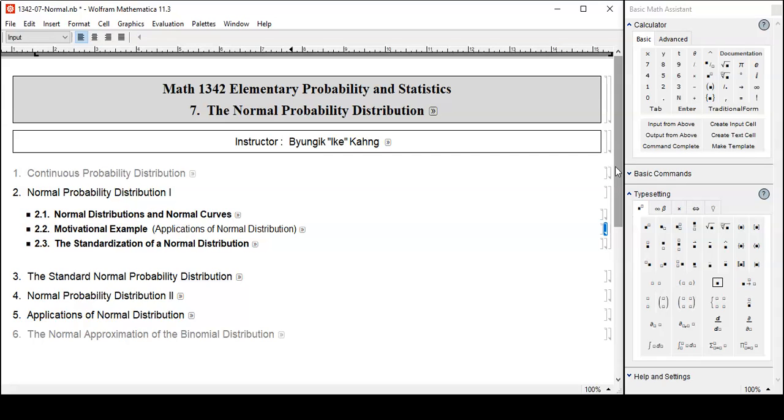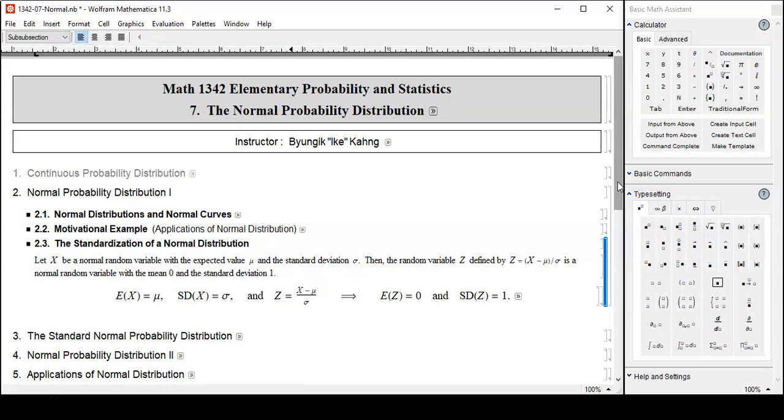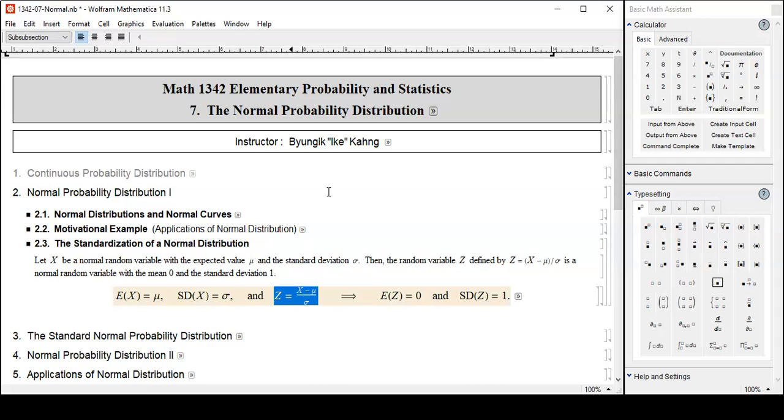Now, how do we actually use it? We need one more theoretical step called the standardization. And don't be intimidated, okay? My purpose here is to introduce you with this formula. This is the formula number 1 for this entire course in terms of the level of importance.